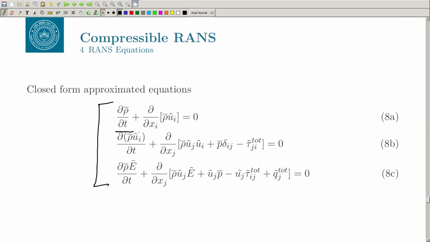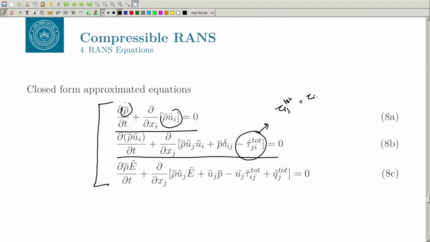This is similar to our Navier-Stokes continuity equation, except that we have a bar, okay. This is also closer to that equation, except that we have this Reynolds stress term coming here. So, this tau_ij total is tau_ij laminar plus tau_ij turbulent, okay. And similarly here also.